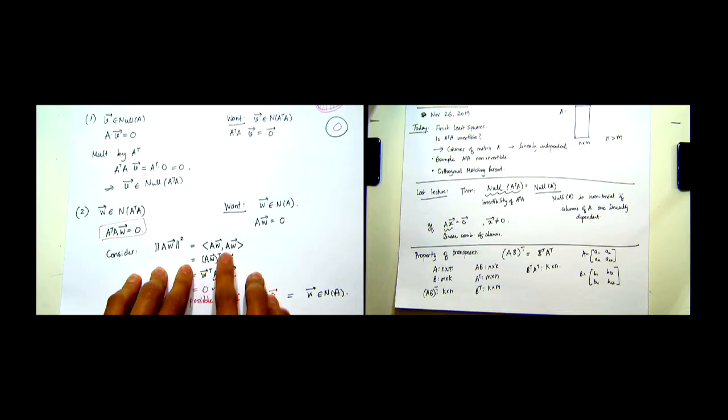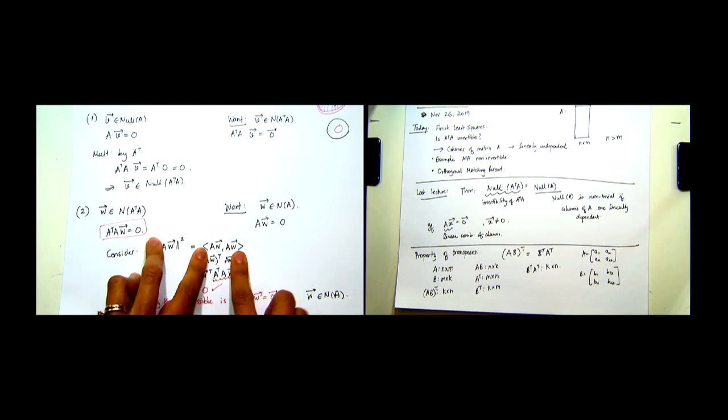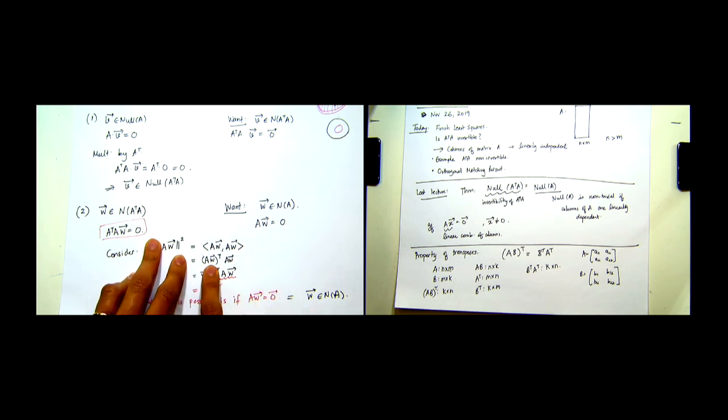Okay, so we have W transpose AW, right? So this inner product, I just said, well, for the inner product of two vectors X and Y, you take the transpose of the first vector and the second vector, right?